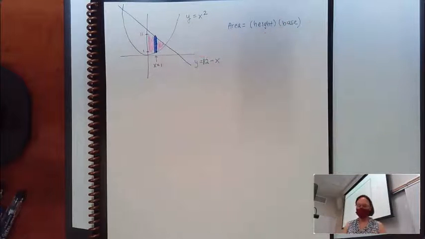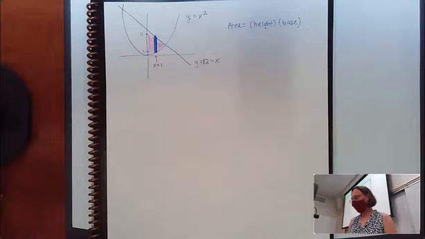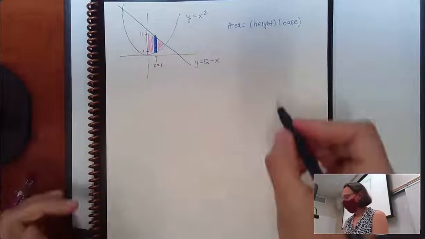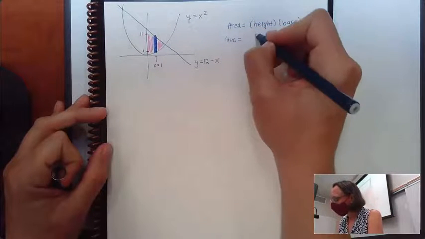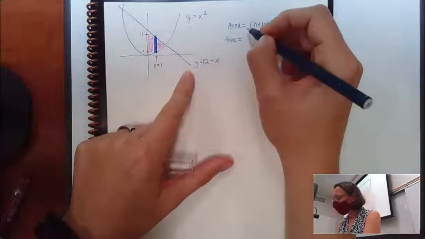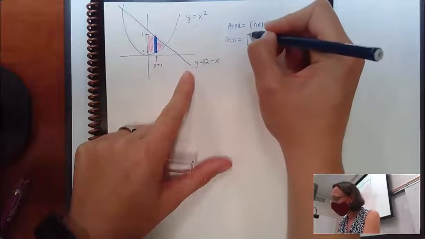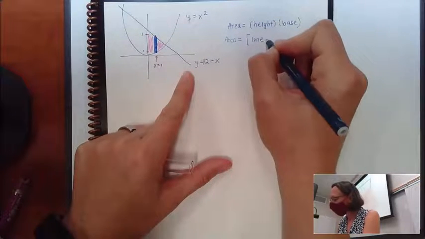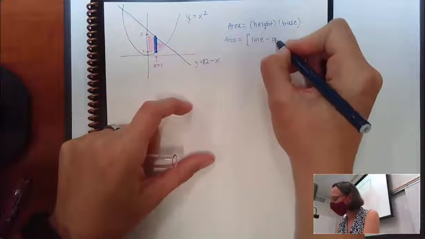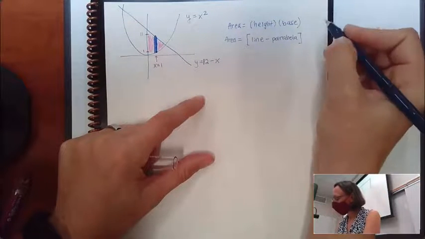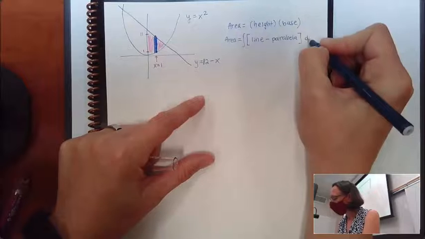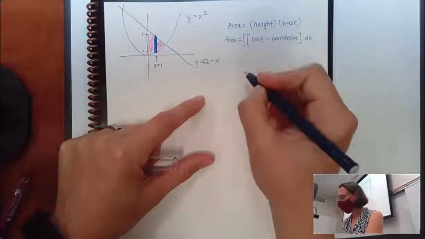So if we translate that into calculusiness, then I'm going to get my area by thinking about the height really being the line minus the parabola. Add them up calculus style, a little bit of dx.